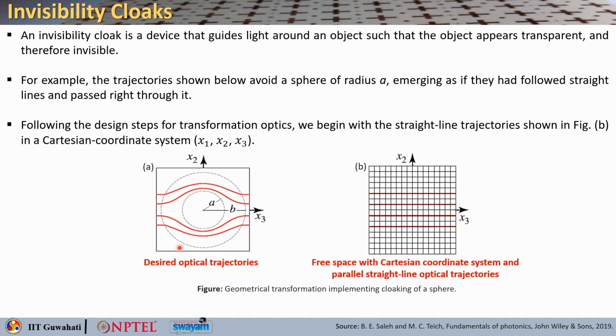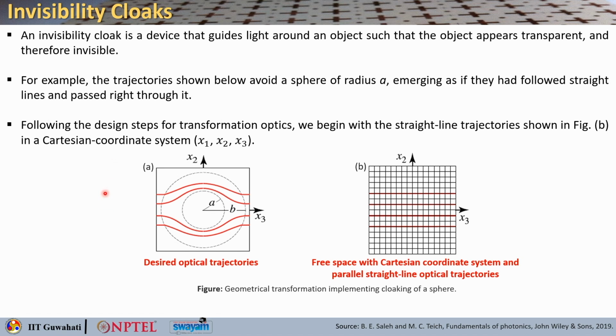In that case, you can put anything inside this core region that will not disturb the light rays, because the light rays are not going through the core region. They rather bend around this shell region and exit exactly in the same fashion as they entered.